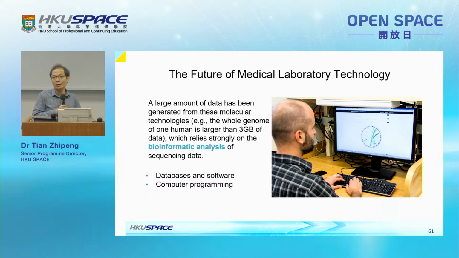So we need computers' help to analyze those large sets of data. Take the whole genome of a human, or each individual coding of human DNA, as an example. In total it is 3 gigabytes of data to have the whole genome of one individual, one person. So of course it can't be analyzed by a human. We use computers to support the data analysis.